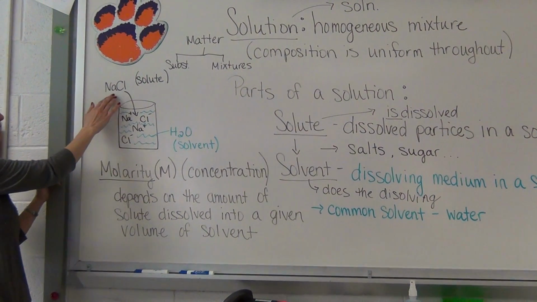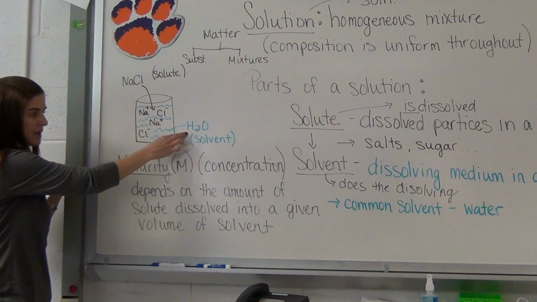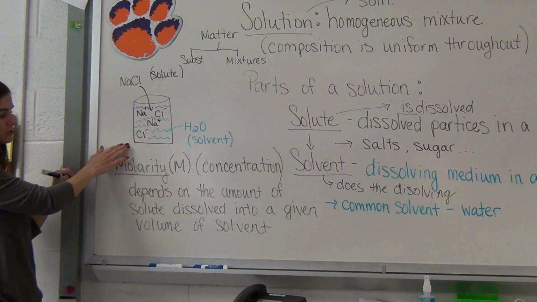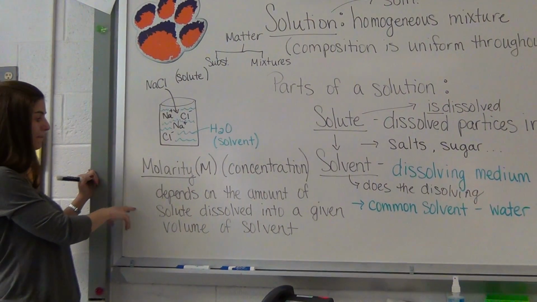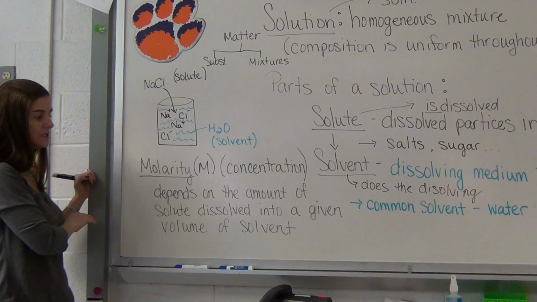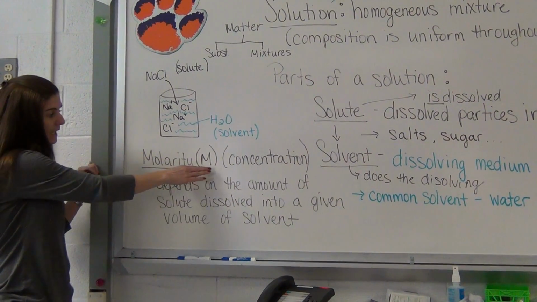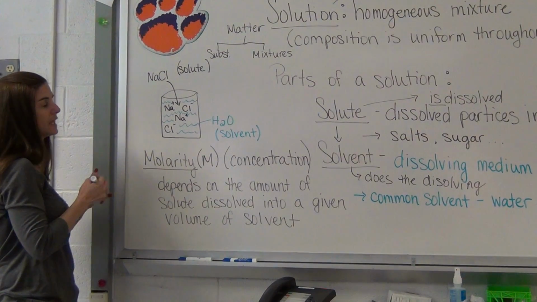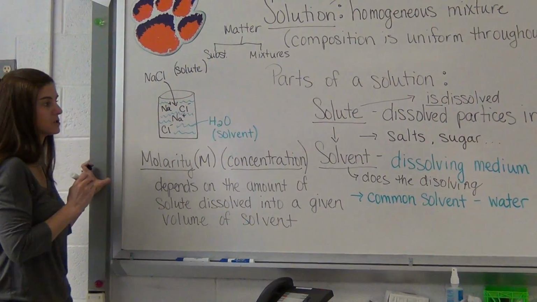Depending upon how much salt we dissolve into a certain amount of water, we can get the concentration of this solution. So molarity, which we're going to learn about later, depends on the amount of solute dissolved into a given volume of solvent. Molarity, we use a capital M, and it is basically the concentration of a solution.